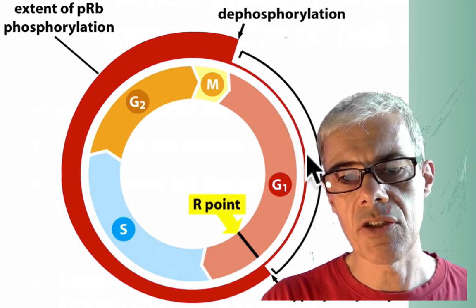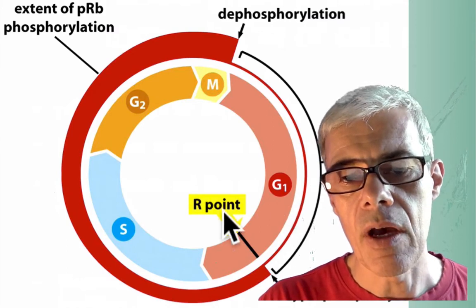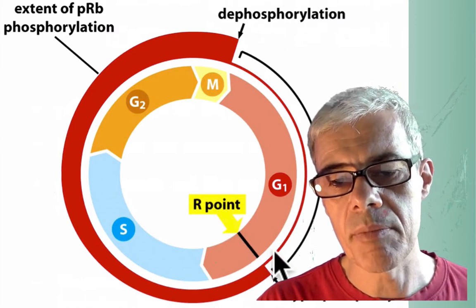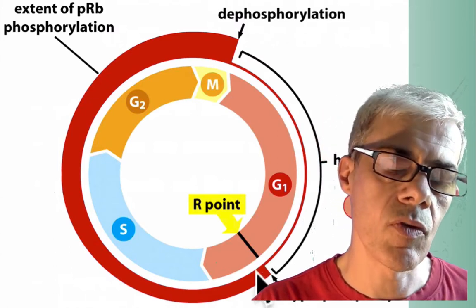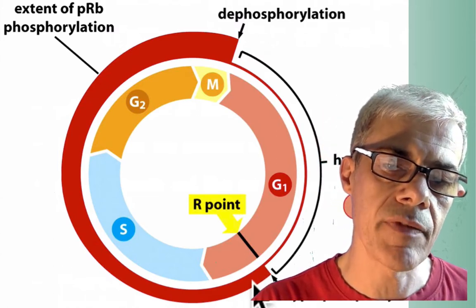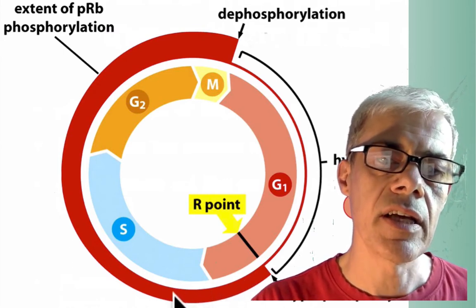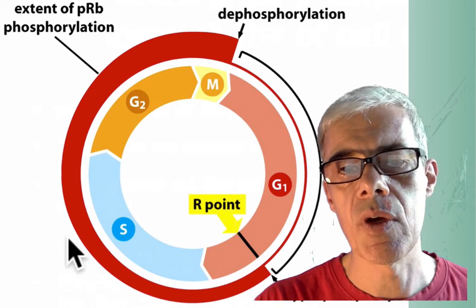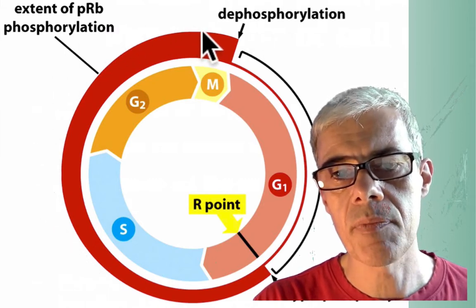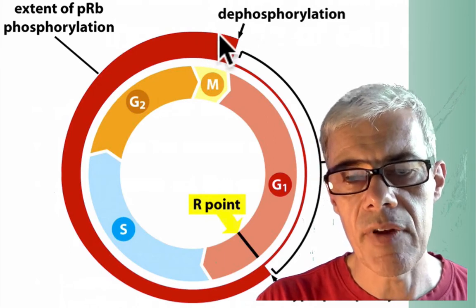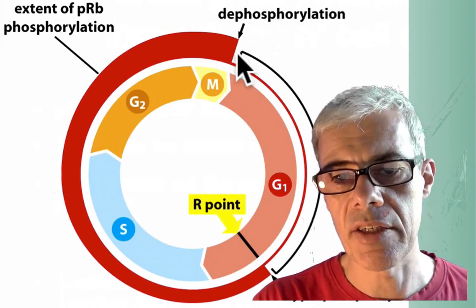Okay, and then at some point in late G1 that coincides with restriction point, retinoblastoma protein becomes hyperphosphorylated. It picks up phosphate groups at many of its serine and threonine residues, and this phosphorylation increases through to the end of mitosis, whereby it's heavily dephosphorylated back to its hypophosphorylated state.